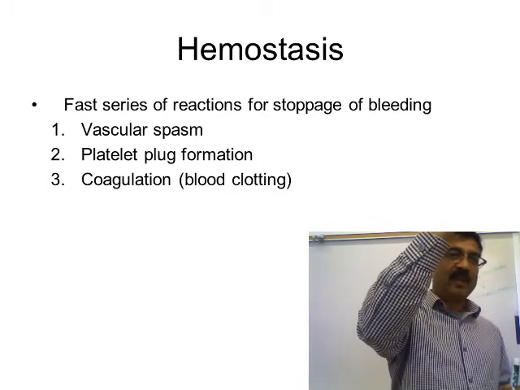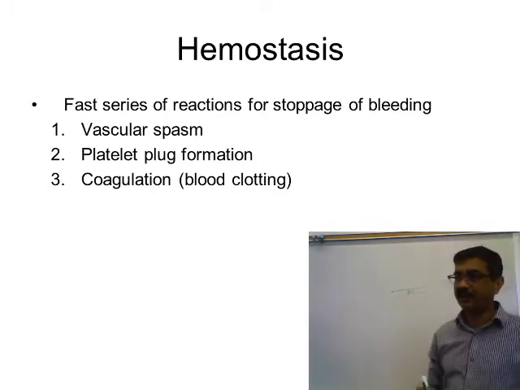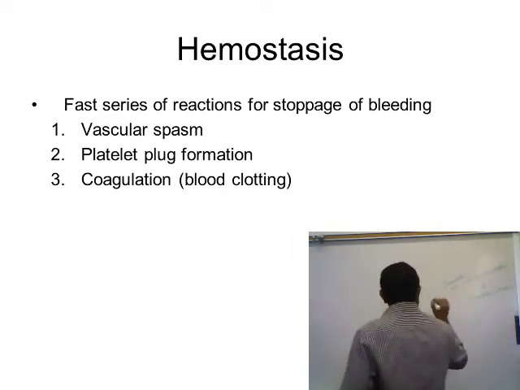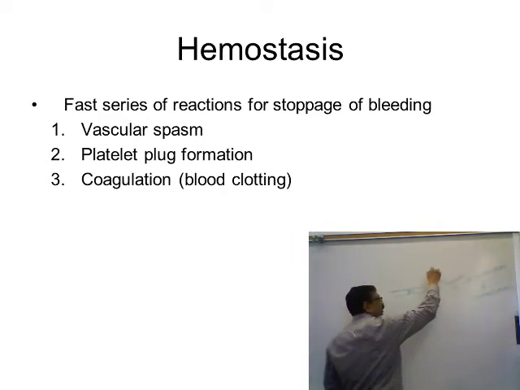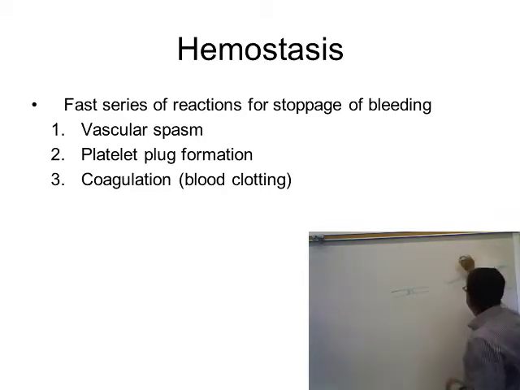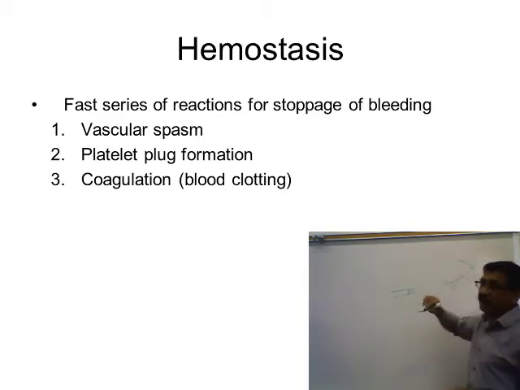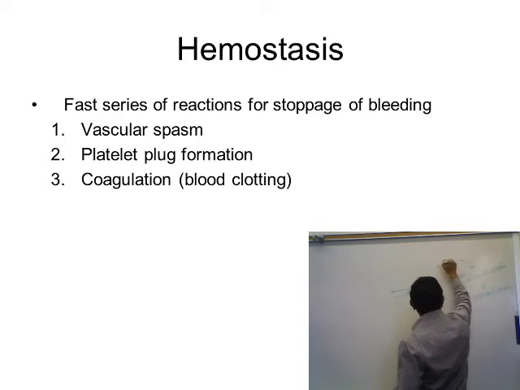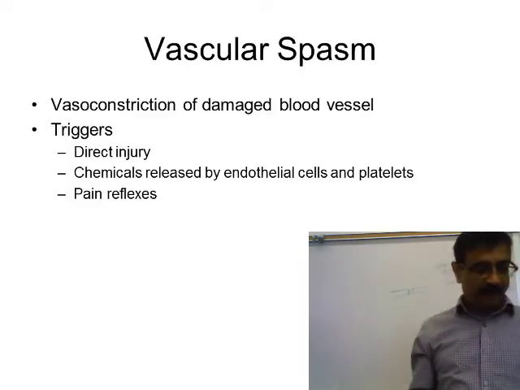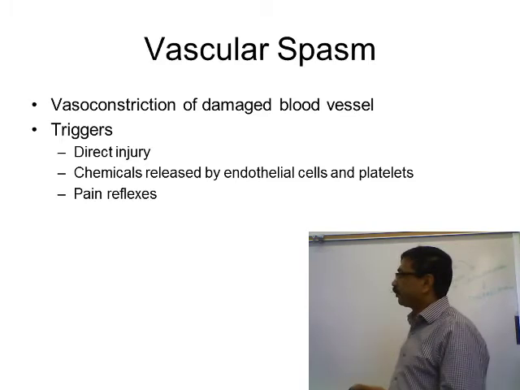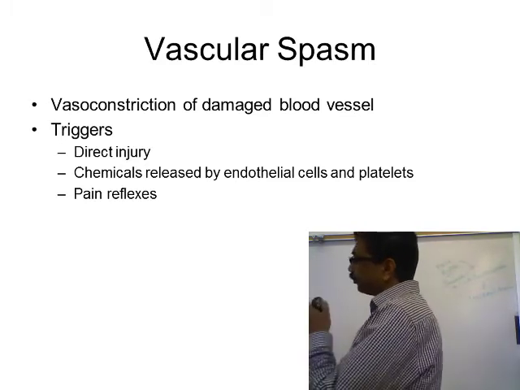Make sense? And that is vascular spasm. Why does the smooth muscle contraction occur? That is stimulated by pain reflex. When you get a cut, you get pain there, and that pain reflex stimulates the smooth muscle, contracts the smooth muscle.